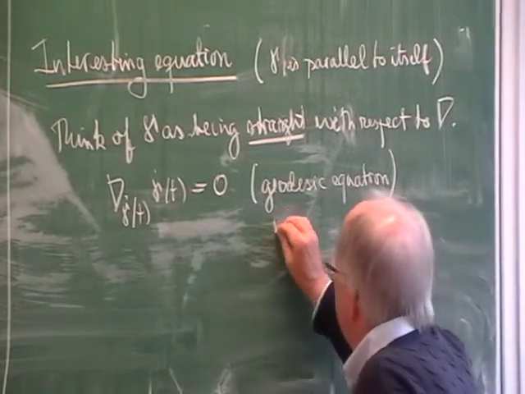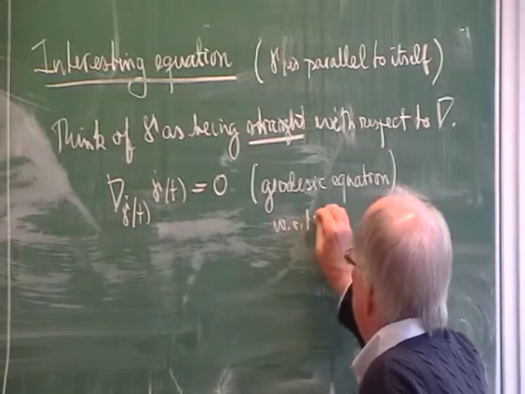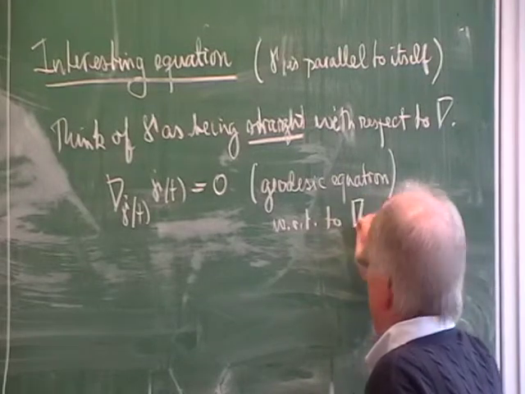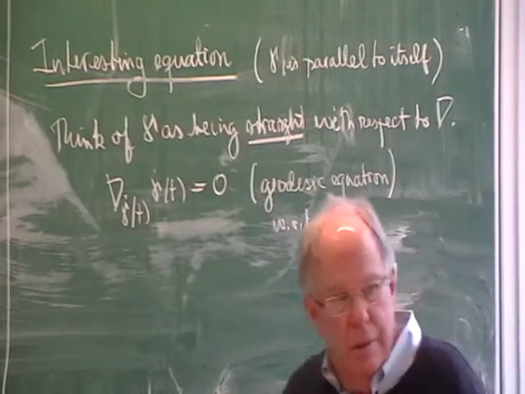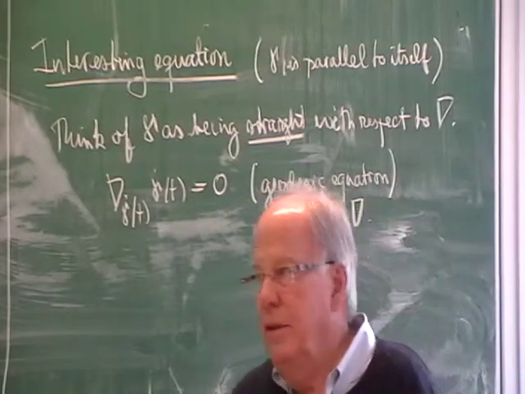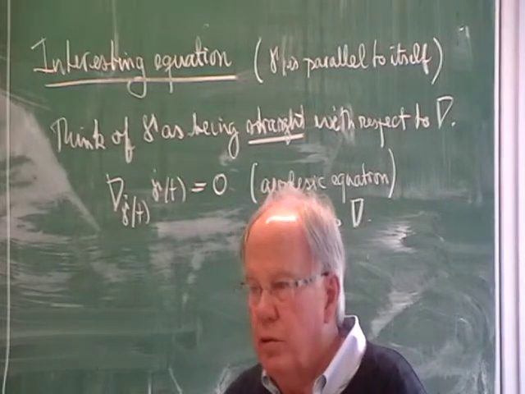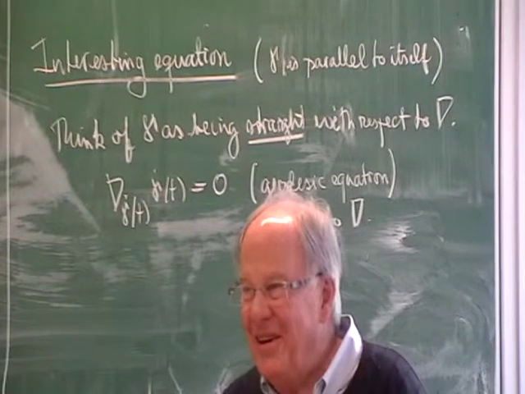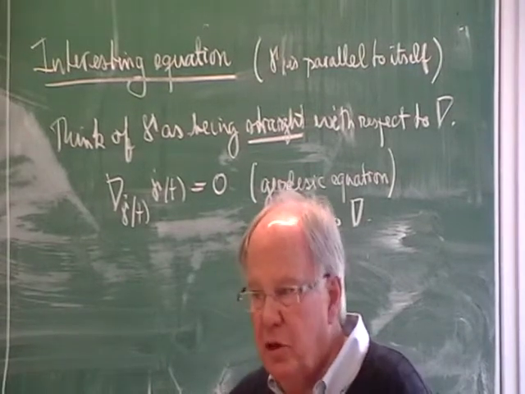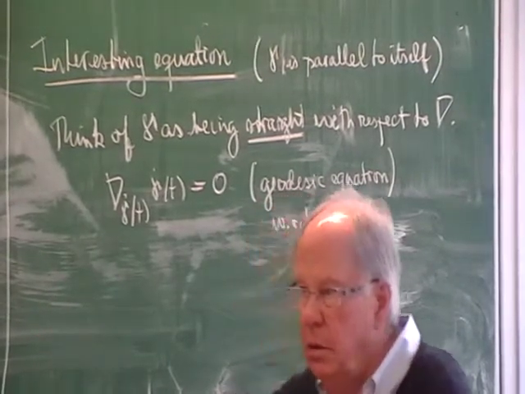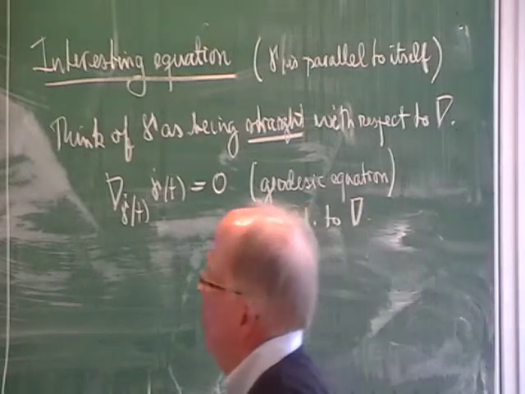But let me emphasize, with respect to the connection. All of us who travel in airplanes believe that the geodesics are with respect to the metric, the shortest distance, but this is with respect to staying straight.